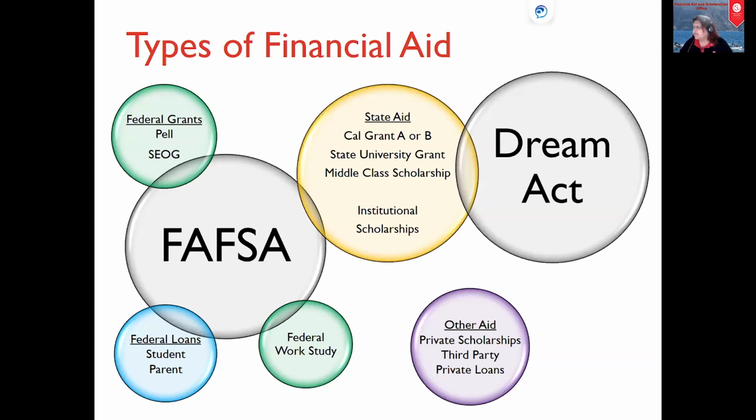If you're applying through the Dream Act application, notice that the combination of the FAFSA and Dream Act, you're eligible for state aid, meaning the Cal Grant A and B, State University Grant. These are geared towards your actual tuition fees, your Middle Class Scholarship, and you have your institutional scholarships. You also have other aid, private scholarships, third party, and private loans.